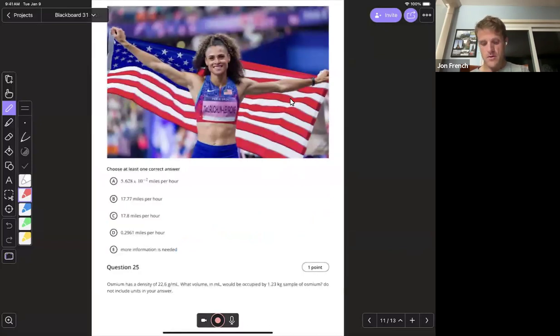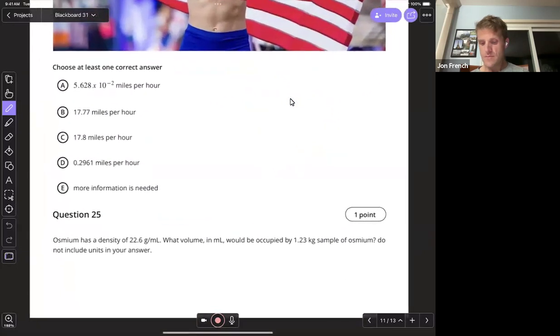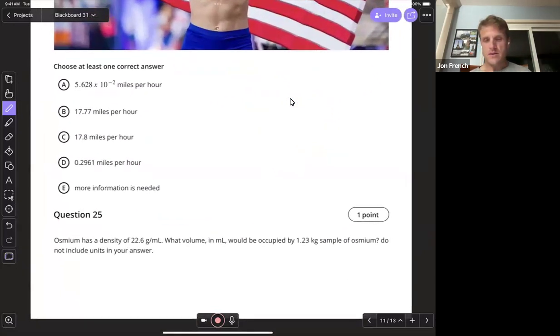Yeah. All right, question 25. Yeah, this was the only one that was a free response question on the practice exam, all multiple choice on the test. So we have our density is 22.6 grams per milliliter. We want to know the volume of this 1.23 kilogram sample.